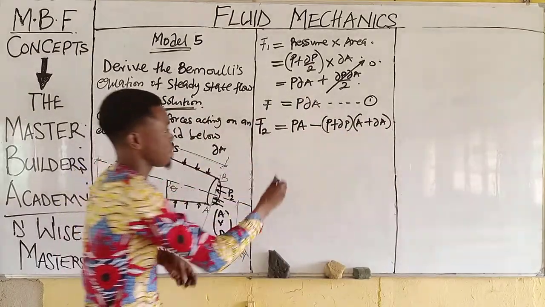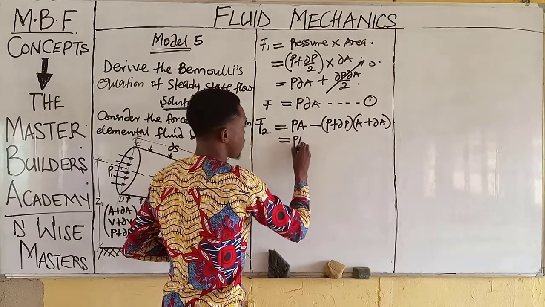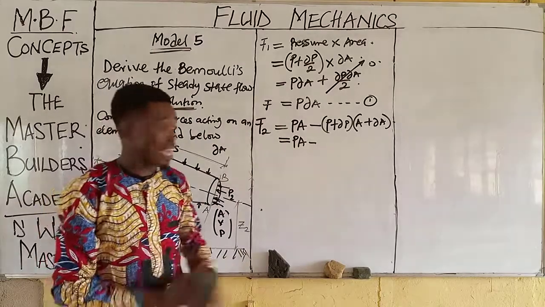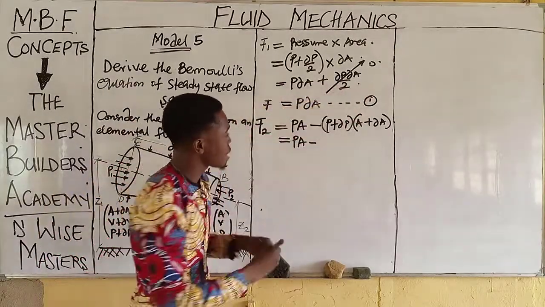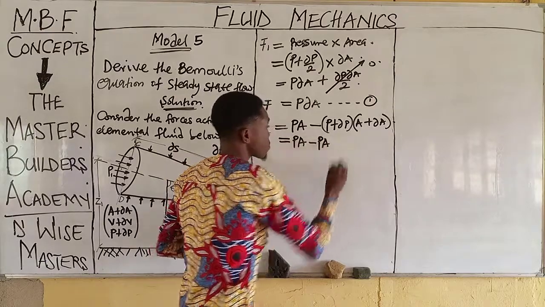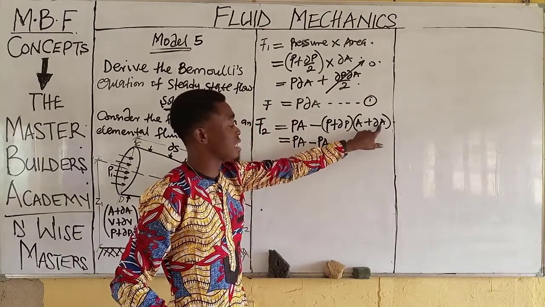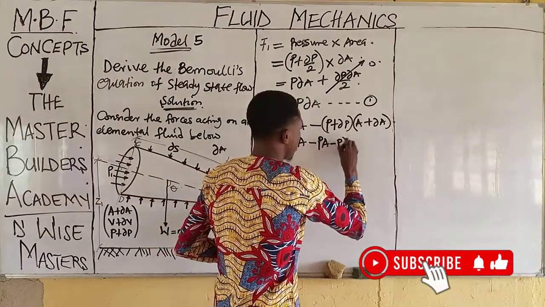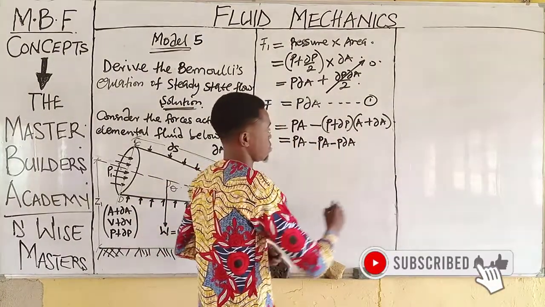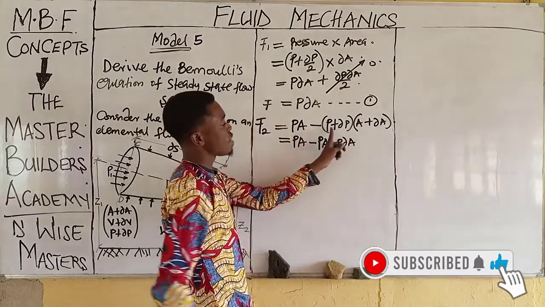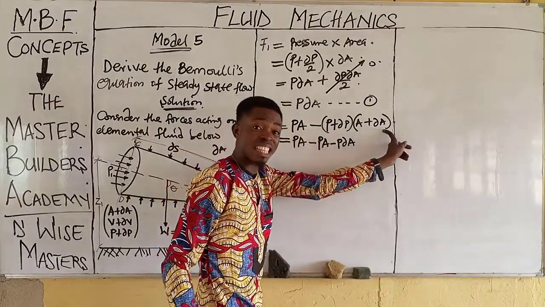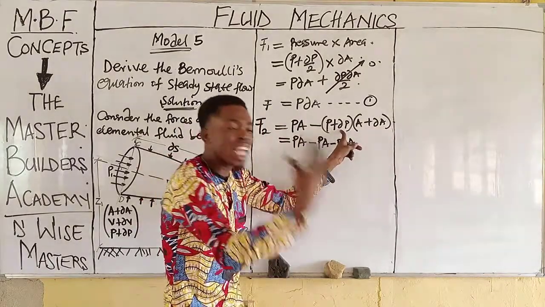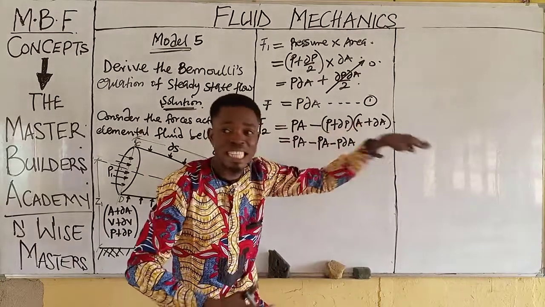Now we need to expand this expression. This would have given us PA. Now remember, we are using expansion of brackets. So P multiplied by A will give us PA, and P multiplied by delta A will give us negative P delta A. Then we are done using the first term here to multiply the two terms inside the second bracket. Now we want to use the second term in the first bracket to equally multiply the two terms inside the second bracket.